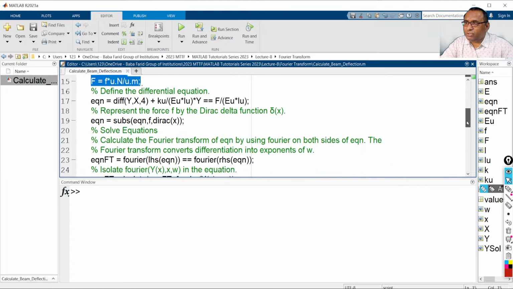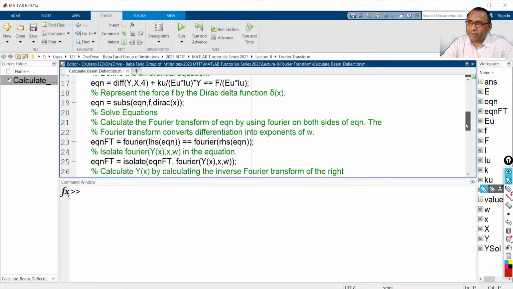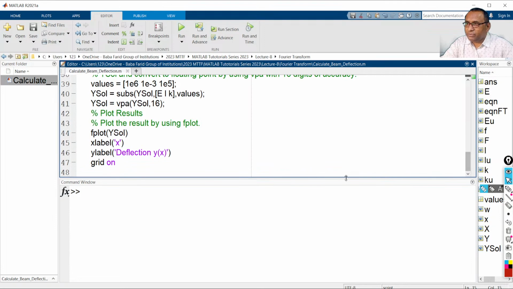After that, you just need to take the Fourier transform and then the inverse Fourier transform, and at the end you can easily plot the graph. So these are the sequence of statements to find the solution of a differential equation by using Fourier transform. All these statements are not easy, and it will take time to understand all these.